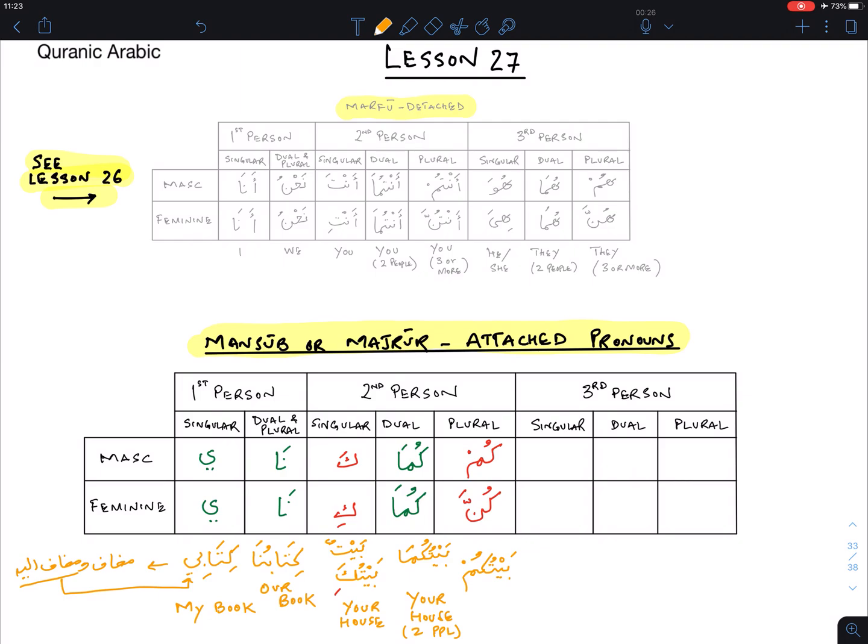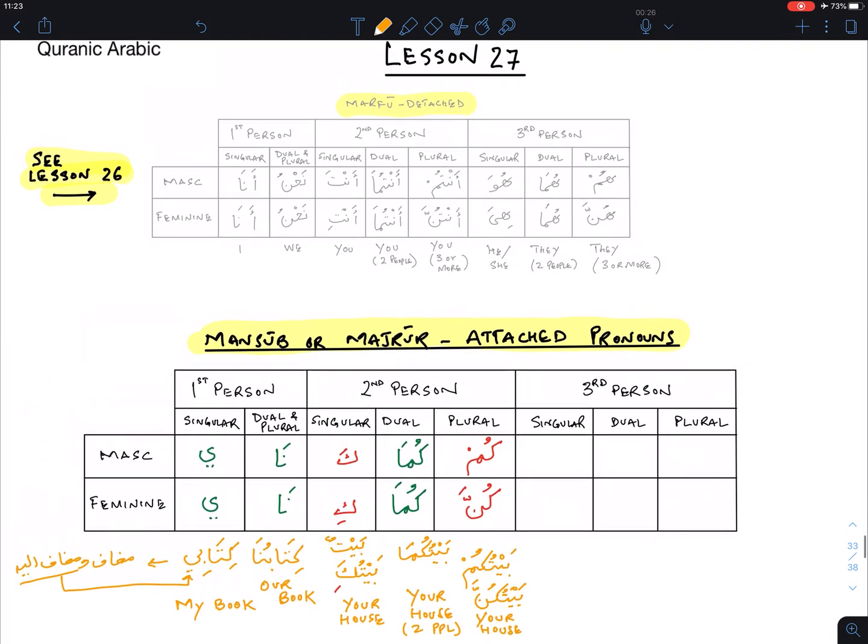You'll just attach it. Baytukunna. Again, your house. But it's plural, so for three or more.